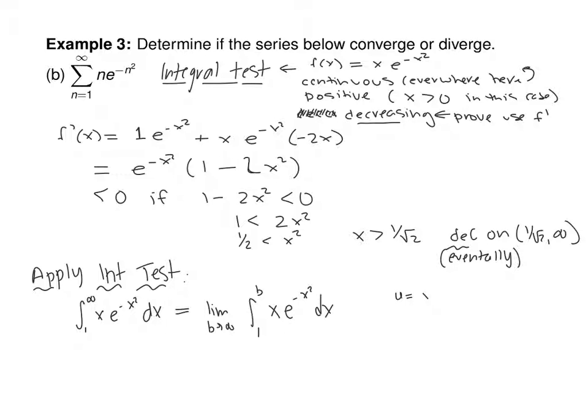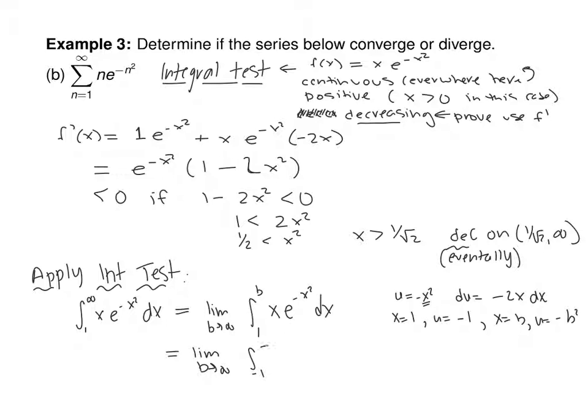We're going to let u equal negative x squared. du is negative 2x dx. If x equals 1, u is negative 1. And if x equals b, u is negative b squared. Notice that you square, then make it negative.